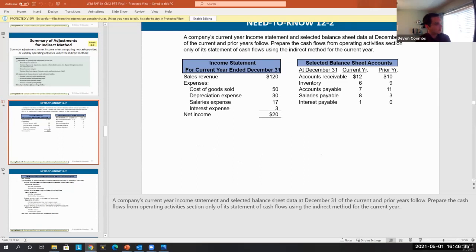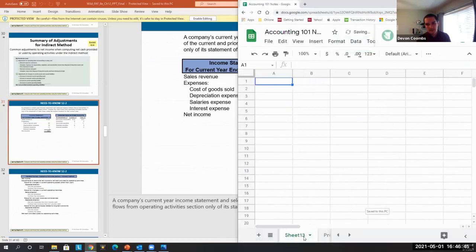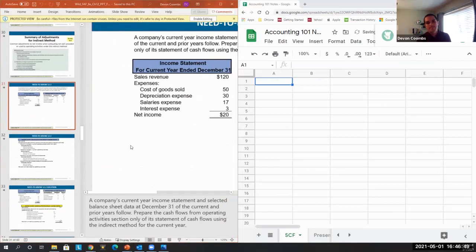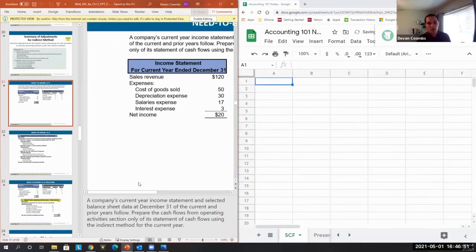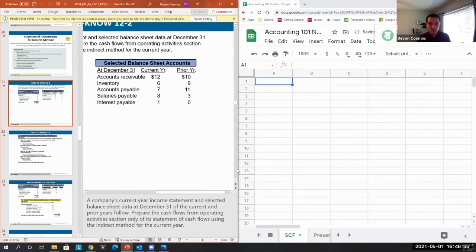So you can, where's our notes? Statement of cash flows. And so I'll prepare this with you so you kind of get the gist. So we'll do our balance sheet.